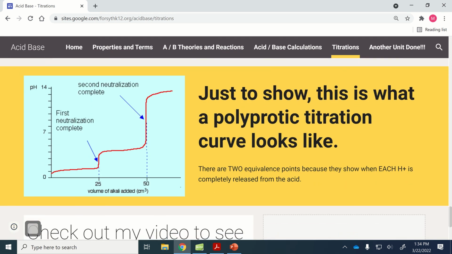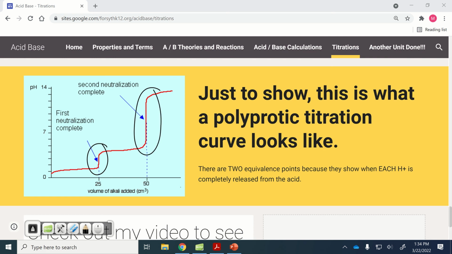The last thing, even though I don't think I'll be actually giving any of these out, but this is something just to see as well, to extend it. If you have a polyprotic acid, what do you basically notice about a polyprotic acid titration curve? Well, there are two steep points here where the pH is changing significantly. This is because each of these points represents when one of the hydrogens is being released.